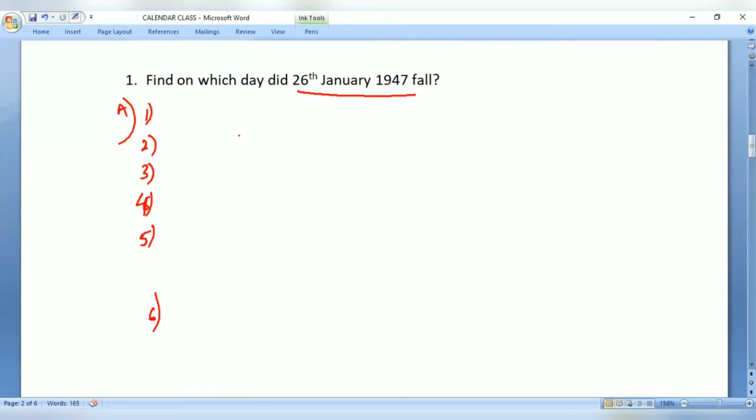Okay. So what you need to do is first note down the last 2 digits of the year. What is the last 2 digits of the year? 4 and 7. Next, second one.